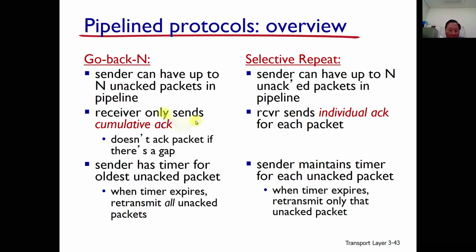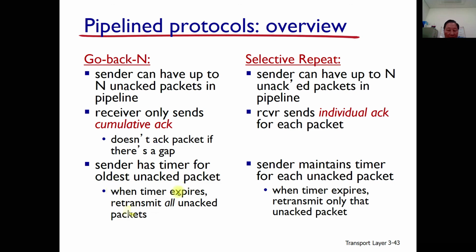Receiver only sends cumulative acknowledgement and doesn't acknowledge a packet if there is a gap. And the sender has a timer for all these unacknowledged packets. When the timer expires, it retransmits all unacknowledged packets.